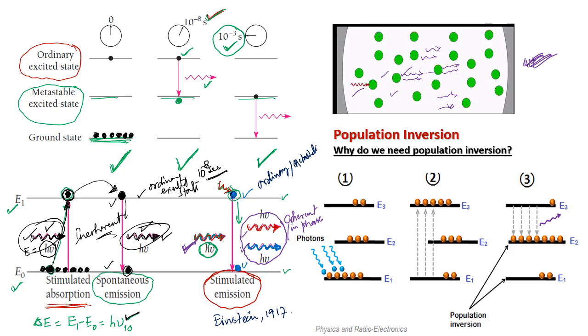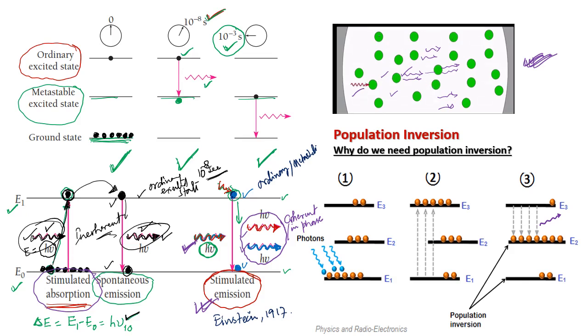One thing you must note is that Einstein showed that stimulated emission has the same probability as stimulated absorption. What I must say is that the probability of stimulated emission is the same as the probability of stimulated absorption. This has been shown by Einstein.